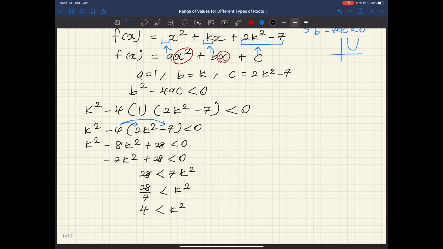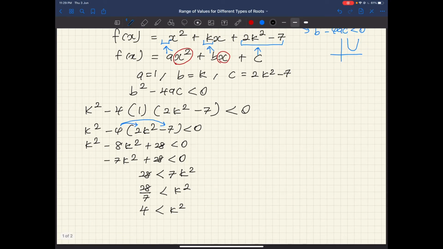And now I want to write it a bit differently. How am I going to write it? I'm just going to write k squared on the left-hand side and 4 on the other side, but I'm not going to change anything. What you can see here is that the sign opens up at k squared.